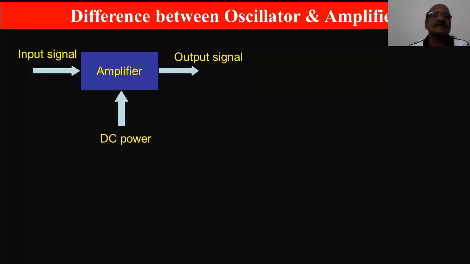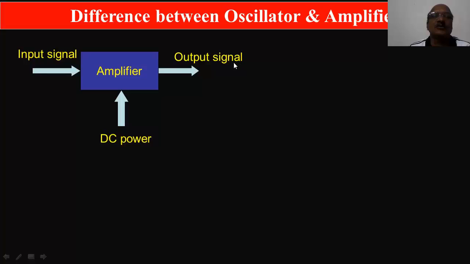Now firstly we see what is the difference between an oscillator and an amplifier. In this diagram, we have shown the block diagram of an amplifier. In the case of an amplifier, we always give some weak input signal to the amplifier, and the amplifier increases the amplitude of this weak input signal, and it appears at the output in amplified form.